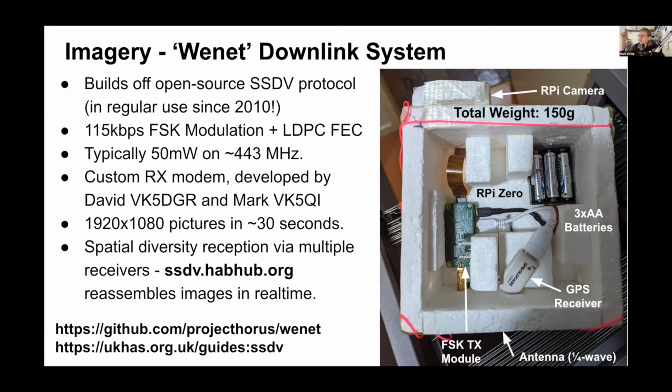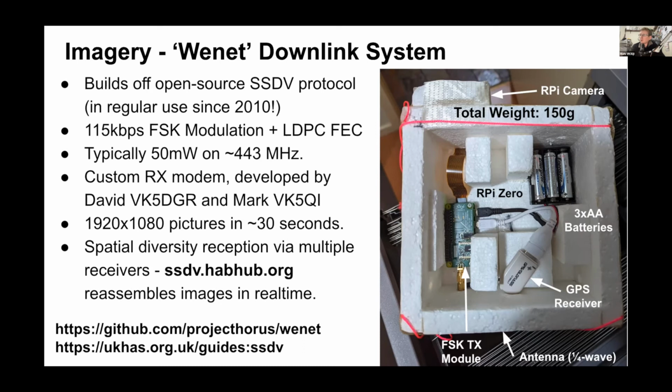We built a custom modem based around David Rowe's Codec 2 and FSK modem work, which performs to theory. It works very well. The minimum detectable signal is about negative 115 dBm, thereabouts. And we can downlink a 1080p size picture in about 30 seconds, which is very, very cool.